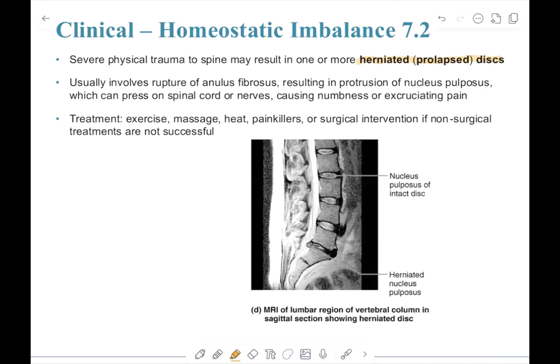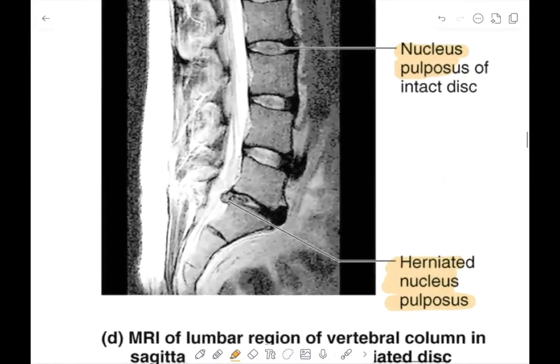But it usually involves rupture of the annulus fibrosus, protrusion of the nucleus pulposus, which presses on the spinal cord or nerves, causing numbness or excruciating pain. So we see the nucleus pulposus of an intact disc here, but in this case, you can see the herniated nucleus pulposus. This region of it is actually putting pressure on the spinal cord, whereas up here, it's clearly not.